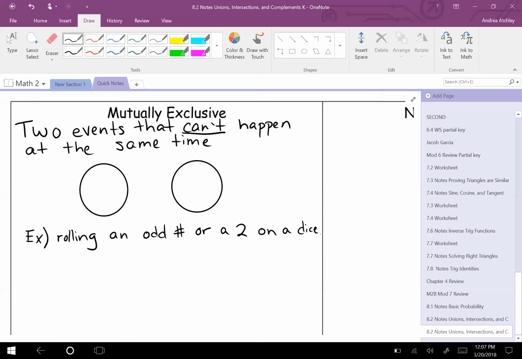If I just roll one? No. So these are mutually exclusive because I can either roll an odd number or I can roll a 2, but I can't roll a number that is both. Does that make sense?